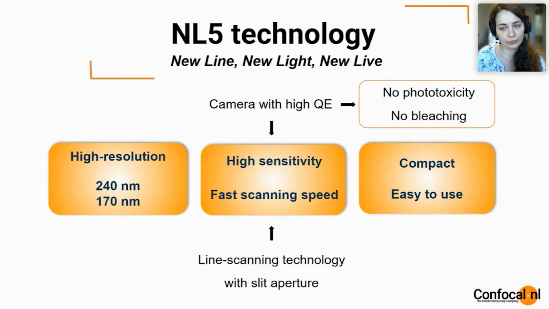And if you use the wide field mode of the microscope, you still use the highly sensitive camera, so you get an even improved image. Due to the high sensitivity, we can prevent phototoxicity and bleaching of the fluorophores.